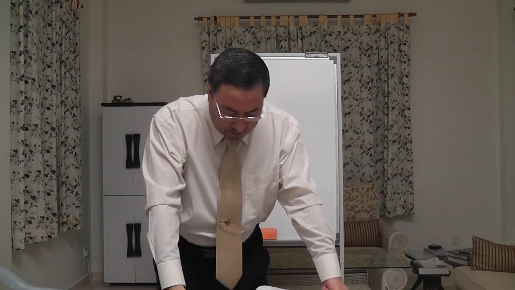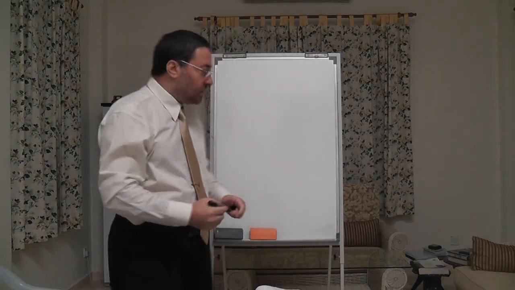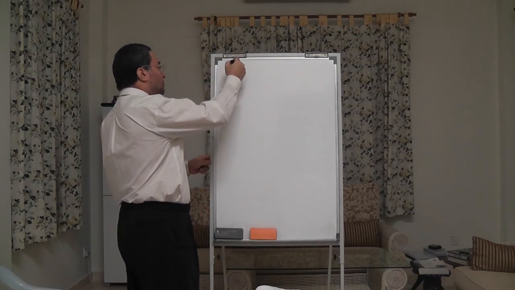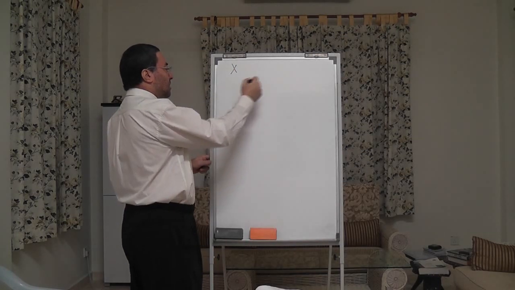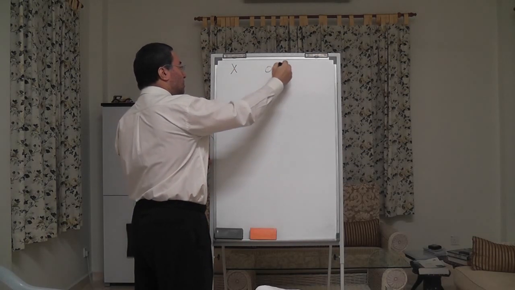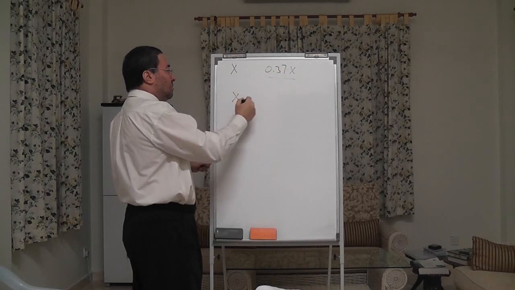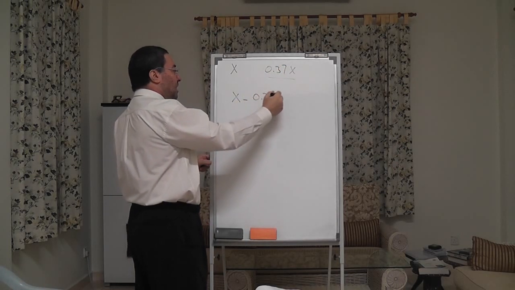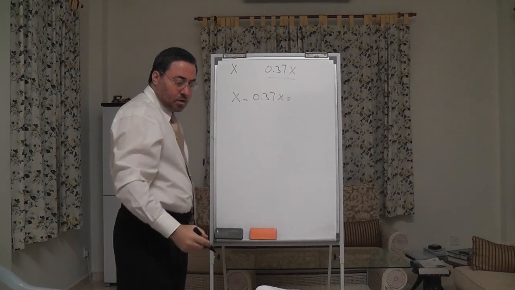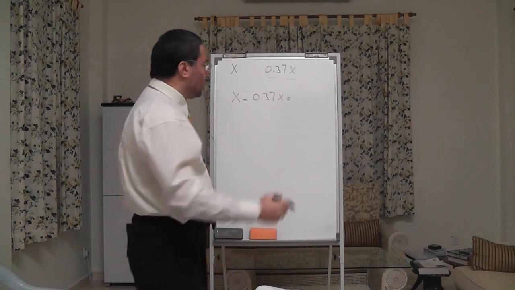We go to the word problems. Number 26, a number decreased by 0.37 times the number is 12.6. Find the number. So the number is x, since it is unknown, and we are decreasing it by this amount. So x minus 0.37x, that's equal to 12.6.